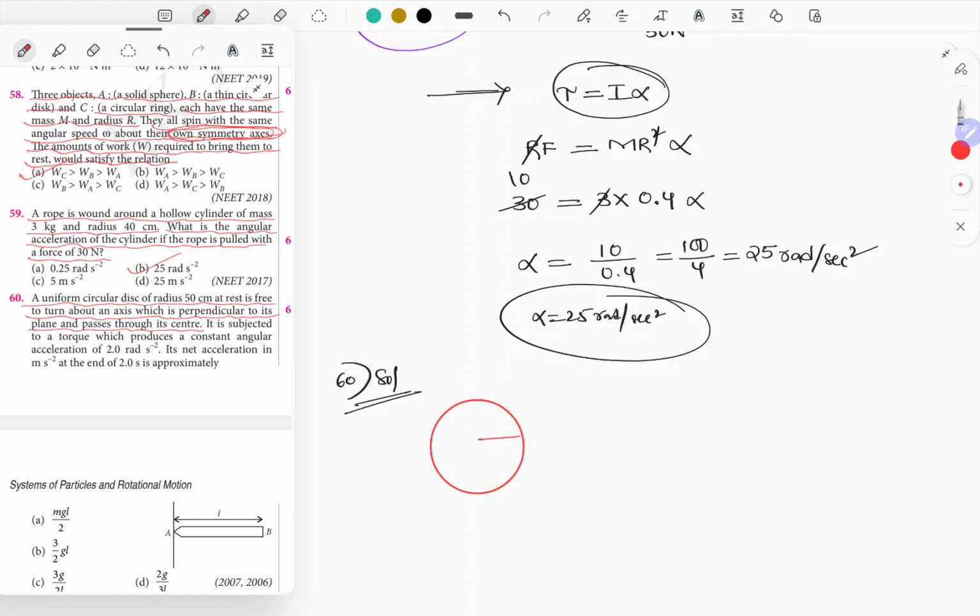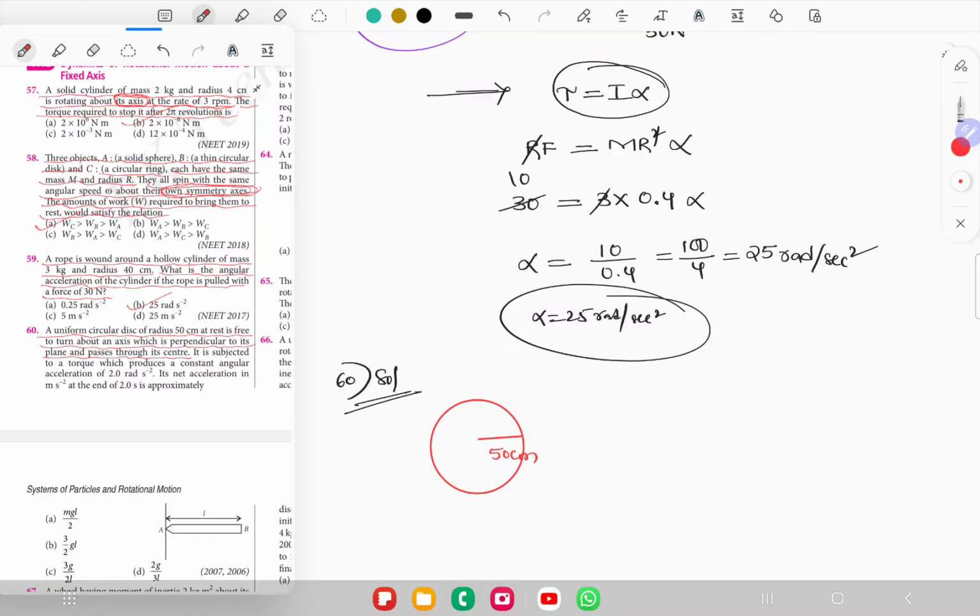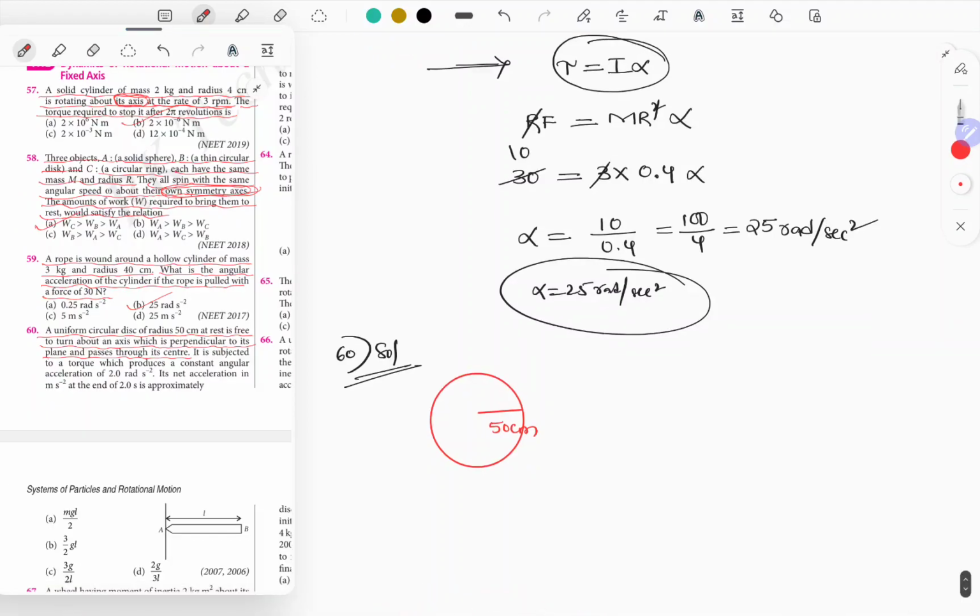No, they have given the radius. What's the radius of this disc? Look at the diagram. The radius of the disc is 50 centimeter. This 50 centimeter you can represent in meter, which is equal to 0.5 meter.